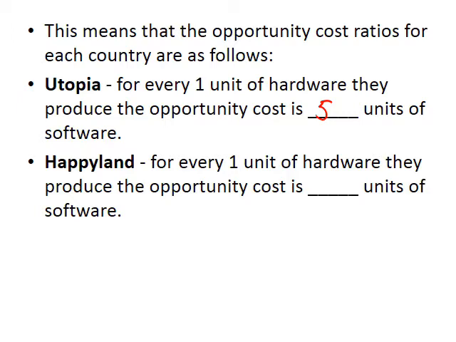For Happy Land, for every 1 unit of hardware they produce, the opportunity cost is 15 units of software. So who has the lower opportunity cost in terms of hardware? Well, Utopia would give up less, so Utopia has the comparative advantage in hardware.